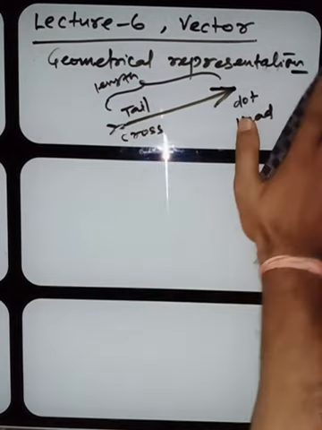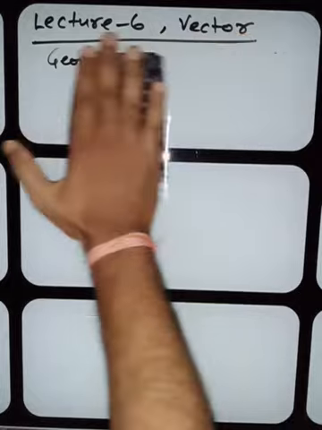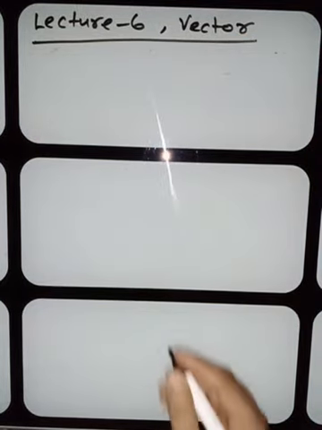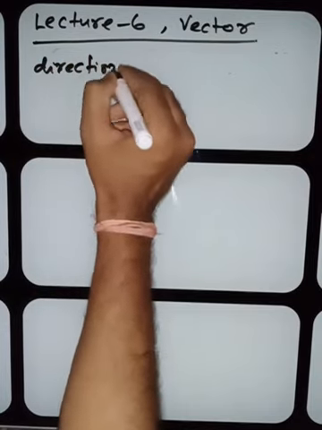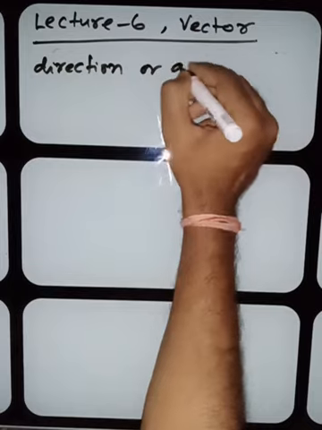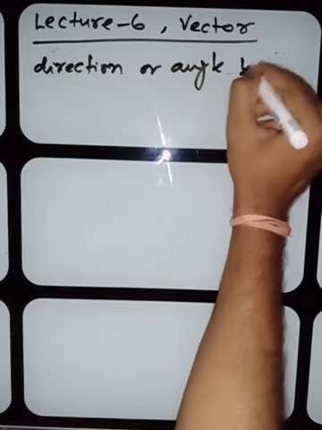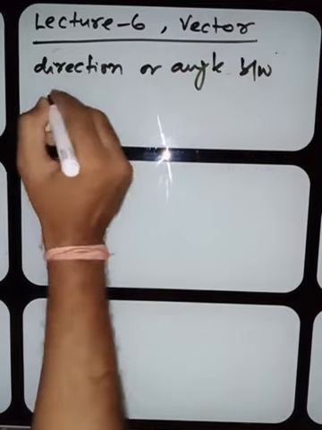Kindly write down, my dear students: direction or angle between two vectors.